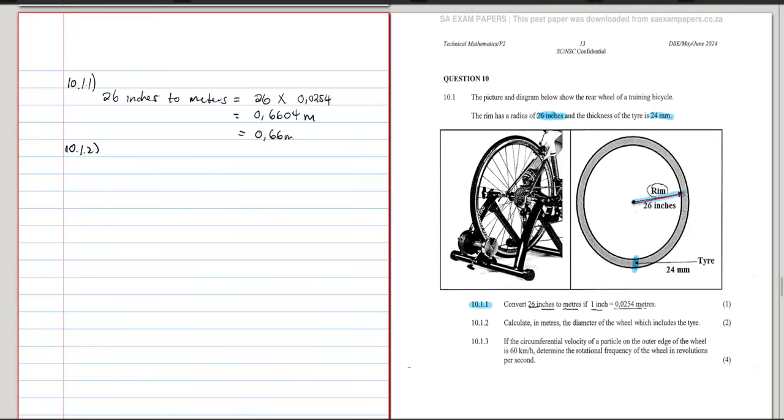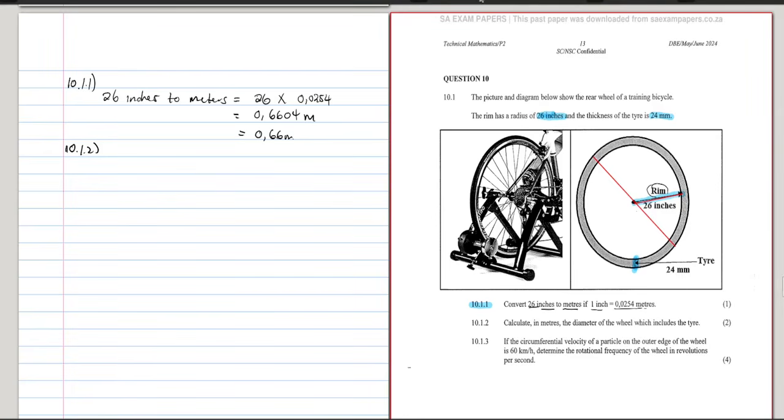A diameter is the length that goes across the circle through the center from circumference to circumference, or we can basically say it's a chord that runs through the center of the circle. So that red length is the diameter.